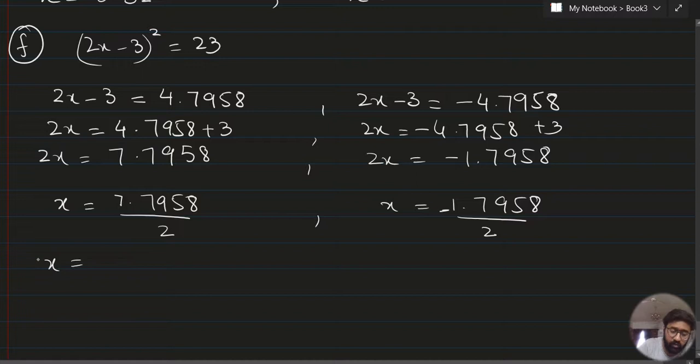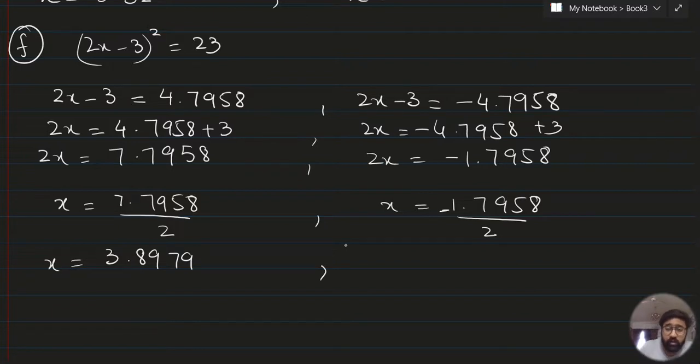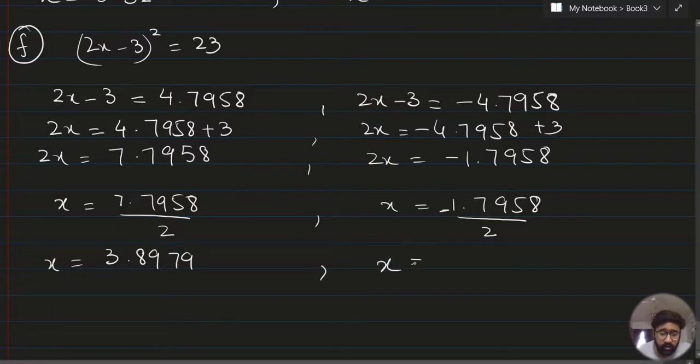By using the calculator, 7.7958 divided by 2 is going to give you 3.8979. We are going to round it off in the next step, and 1.7958 divided by 2 is going to give you minus 0.8979.